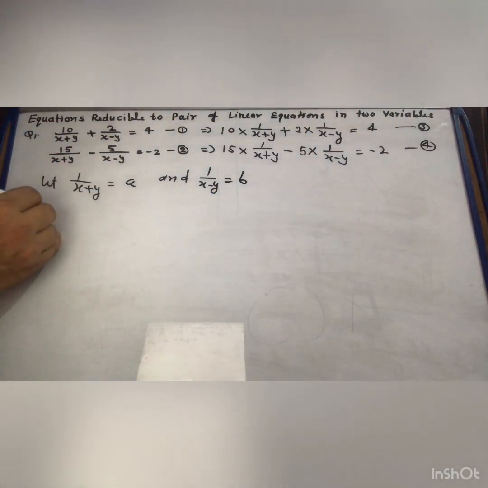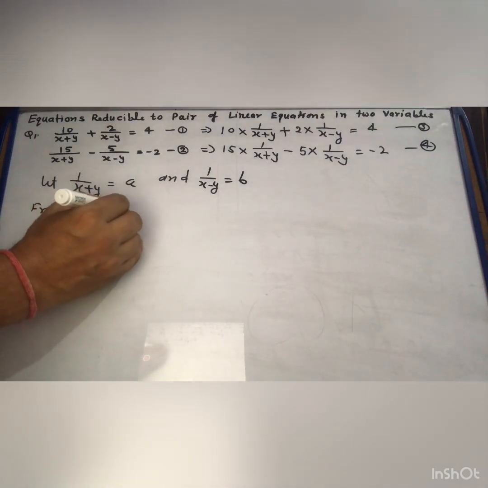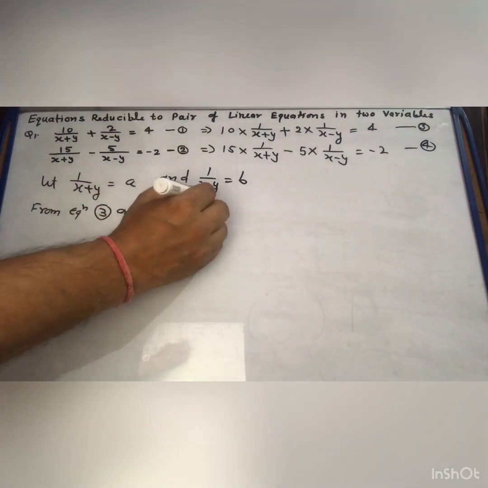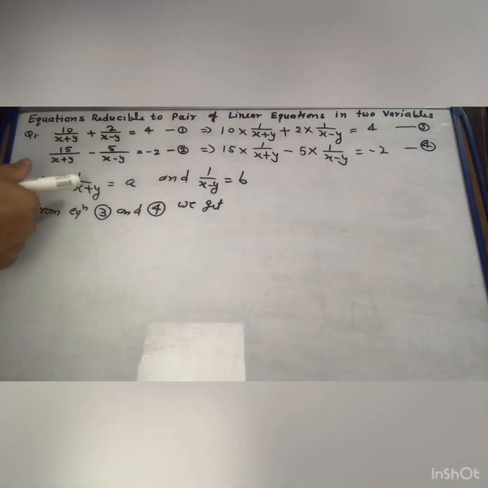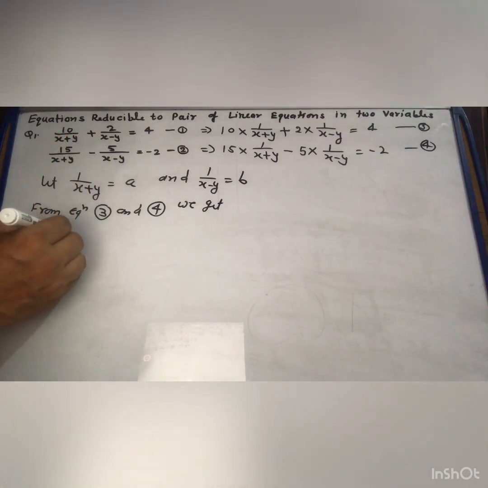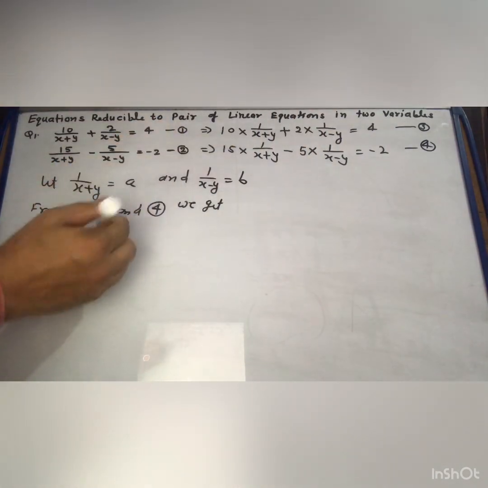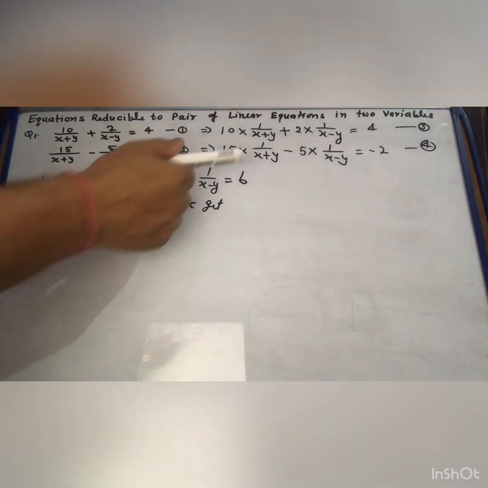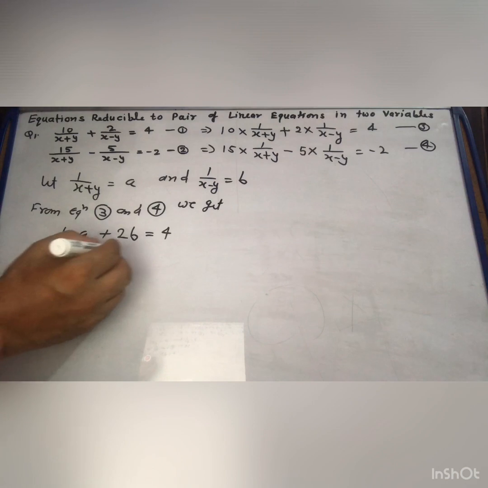From equations 3 and 4 you will get 10 into 1 upon x plus y, that is 10 into a, plus 2 into 1 upon x minus y, that is 2b, equal to 4, and the same way we will write 15a minus 5b equal to minus 2.